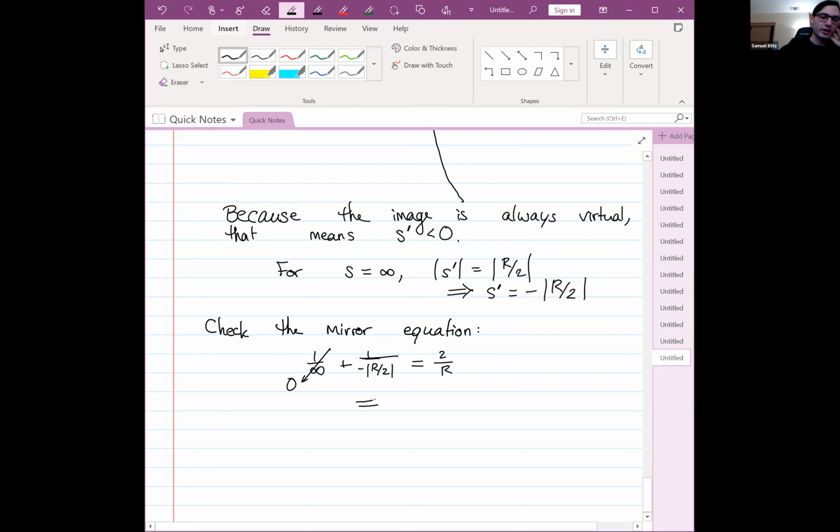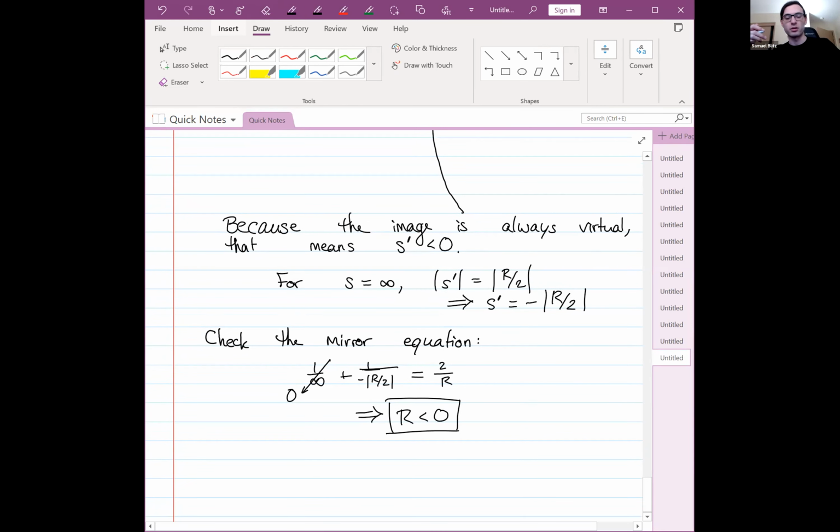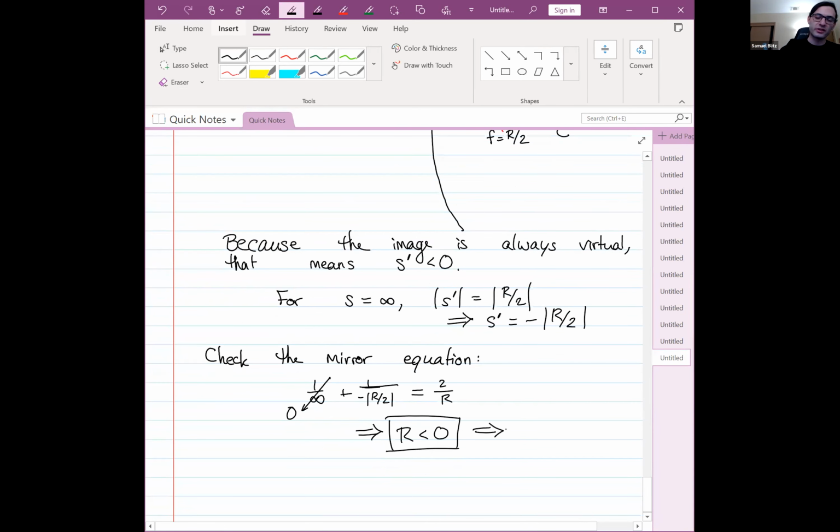And so this tells us that because this term is negative, R also has to be negative. This tells us that R is less than 0. And that further, because F is equal to R divided by 2, tells us that F is also negative.